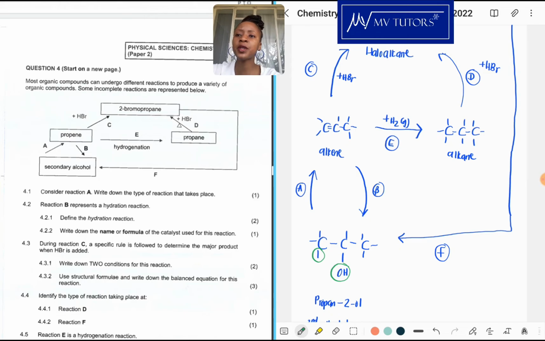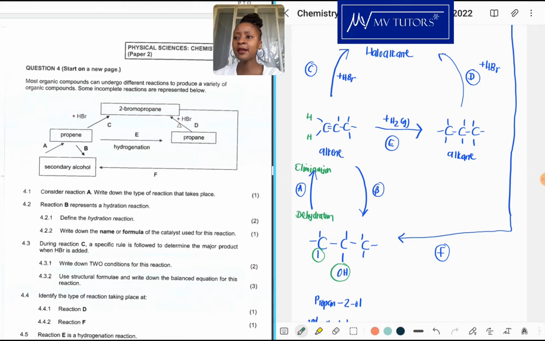And then we were left with 2 H's and the rest of the other hydrogen atoms. So for process A, to go from an alcohol to an alkene, we had to dehydrate it because we are removing water. So it is an elimination reaction, which is basically dehydration.